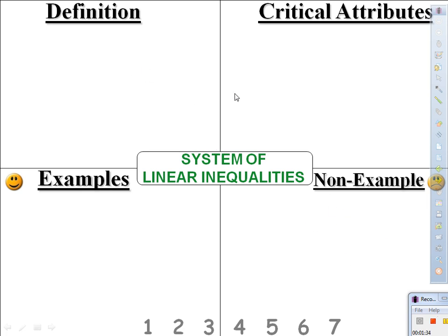Definition for systems of linear inequalities. We're on systems of linear inequalities.